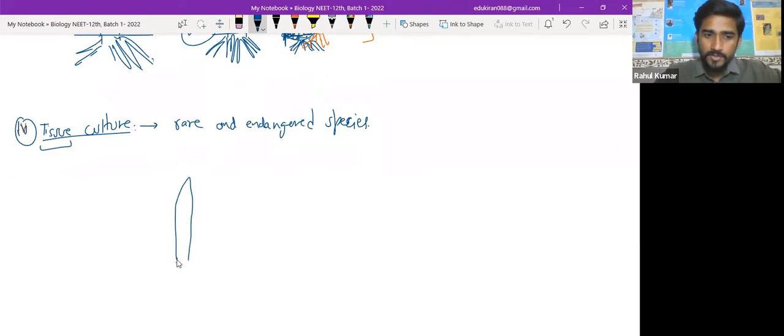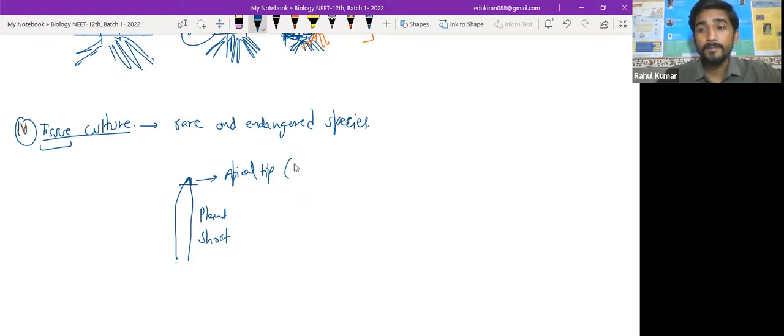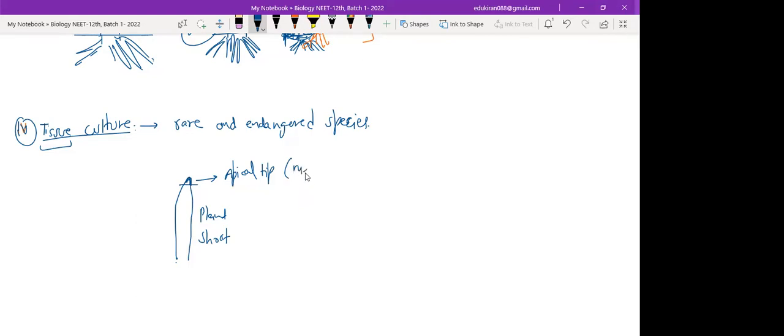So this is a shoot system of a plant. The tip of the shoot, the apical tip, which you studied in class 11th, has tissues called meristematic tissue. Yes, perfect.